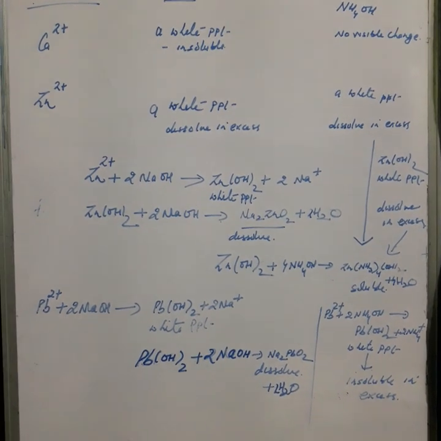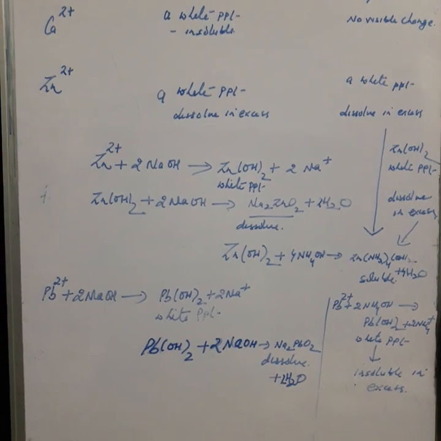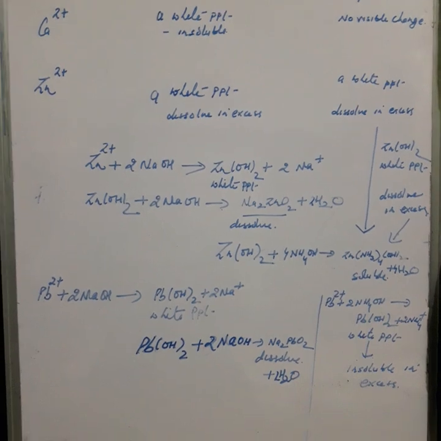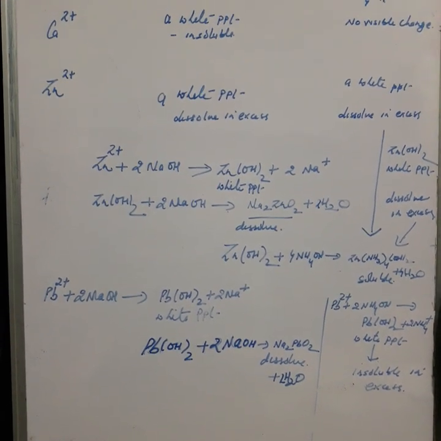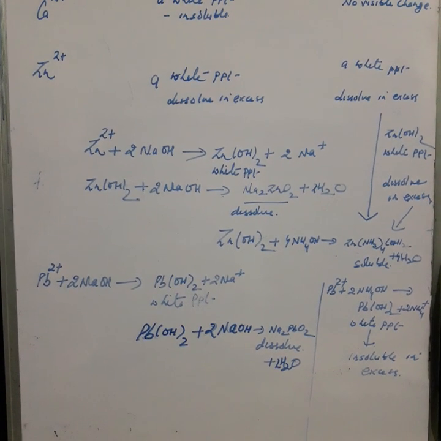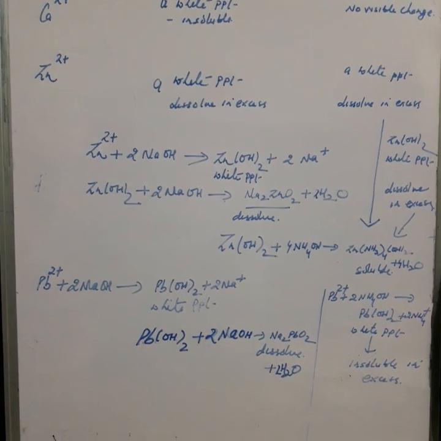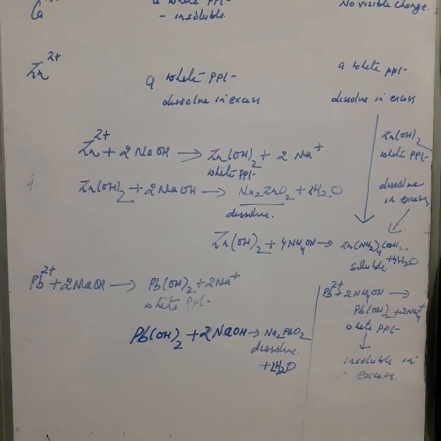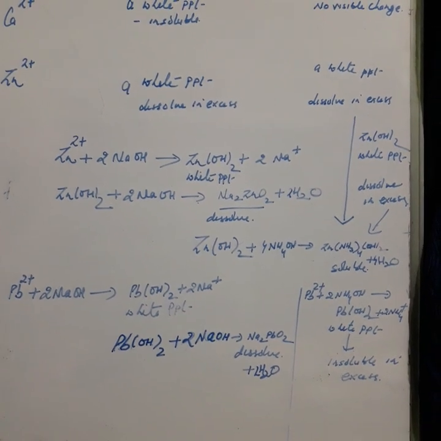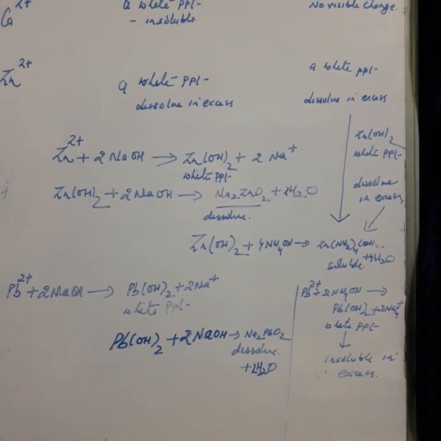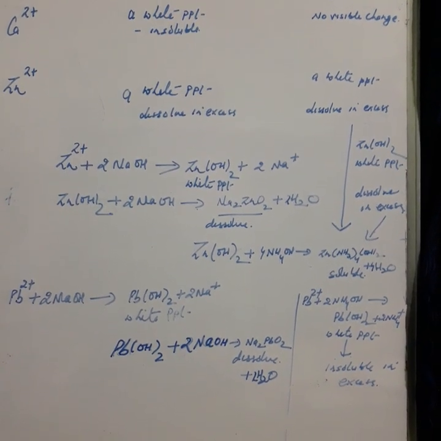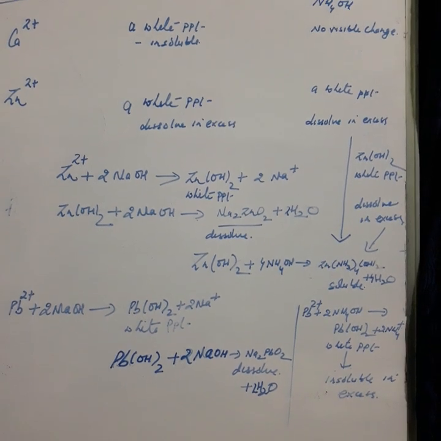Then we will come to lead. Lead salt solution also, when reacted with sodium hydroxide, like zinc, lead is also amphoteric in nature. So lead also will form a white precipitate of lead hydroxide which dissolves in excess to give sodium plumbate. Both zinc and lead are amphoteric in nature, so both will dissolve in excess sodium hydroxide to give soluble zincate and plumbate.